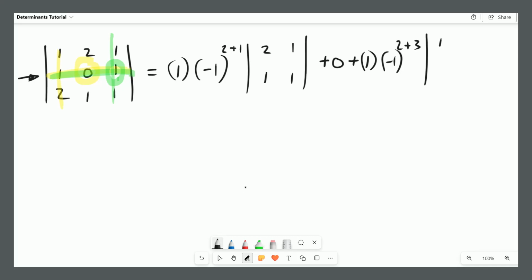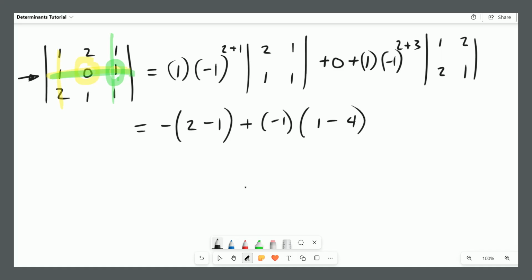So we have 1, 2, and 2, 1. So let's simplify that. We have negative, because a negative 1 to the power of 3. And then we have this determinant, so 2 times 1 minus 1 times 1. Plus, that's also going to be a negative 1, because 2 plus 3 is 5, which is odd, times the determinant of 1 times 1 minus 2 times 2.